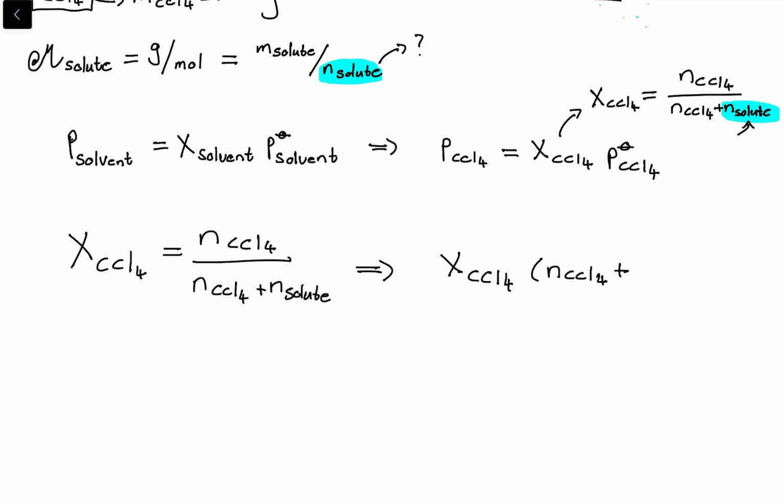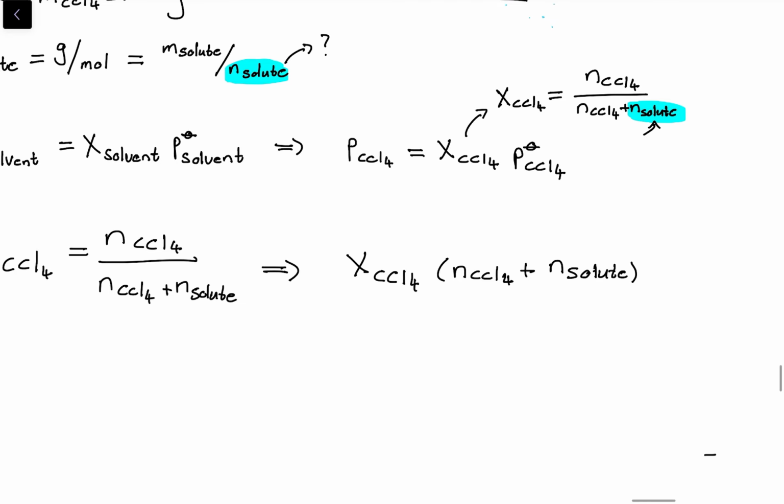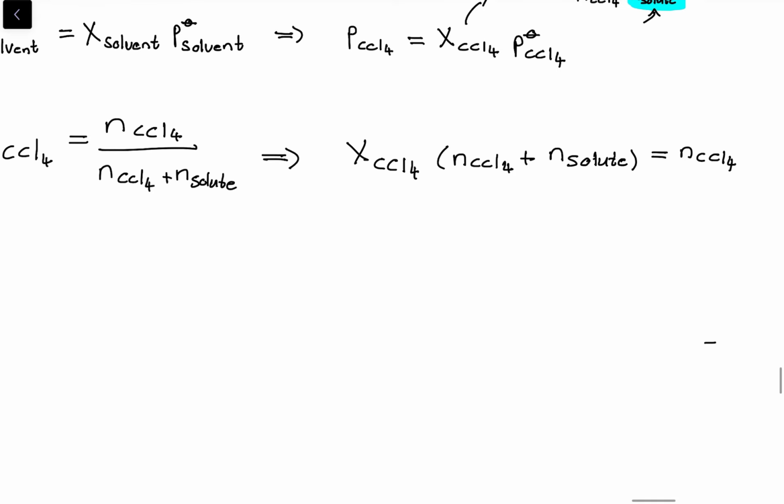You can of course calculate some of these things directly, so you can calculate the mole fraction and then solve this. But I like to do things symbolically. So then you get this expression.